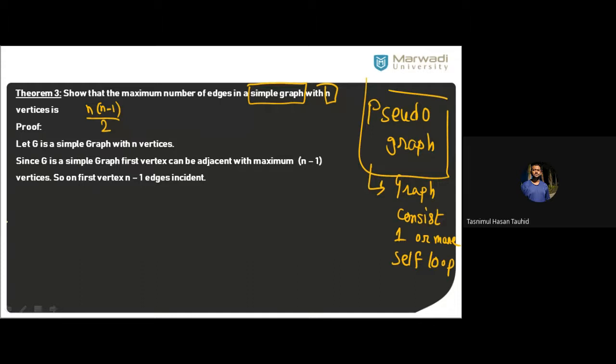G is a simple graph. Let's say this is a graph, and I assume that it has n vertices. For the time being, let's go for n equals 5. So if there are 5 vertices, 1, 2, 3, 4, 5. I will start from one single vertex.